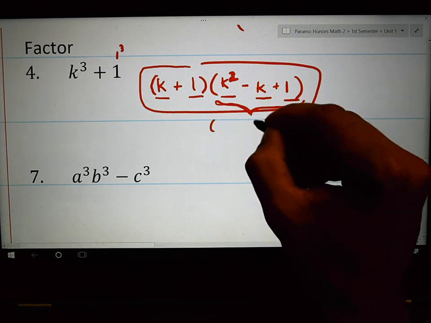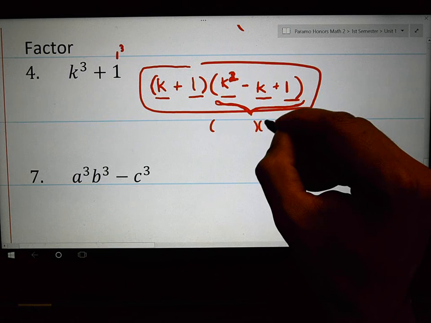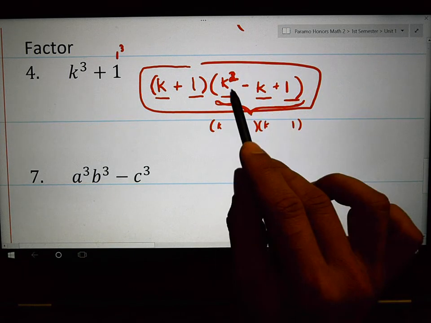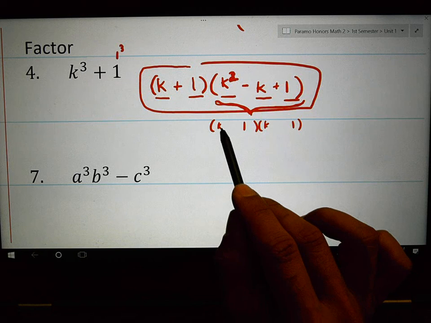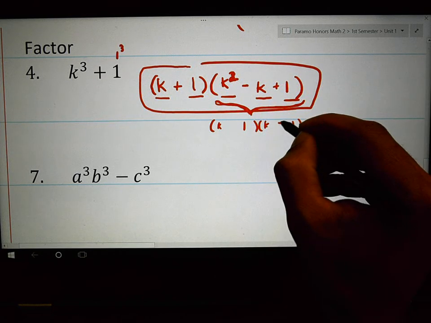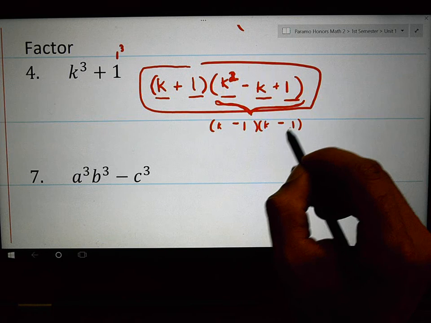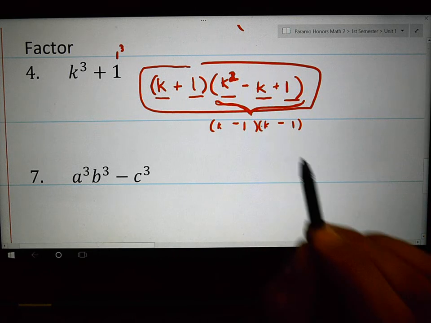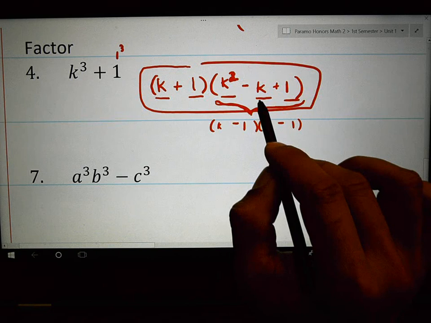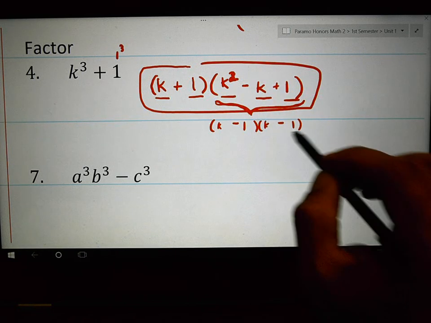People have asked me, Mr. Prama, what if I did a k and a k and a 1 and a 1? I know I can get k squared. I know I can get a 1. I said, but what about this? If this was a minus and a minus, you would get negative 1k and negative 2k. It doesn't equal that middle term. It doesn't work. It never factors further. Can't.